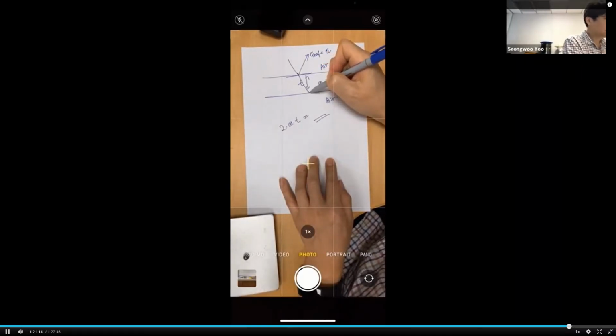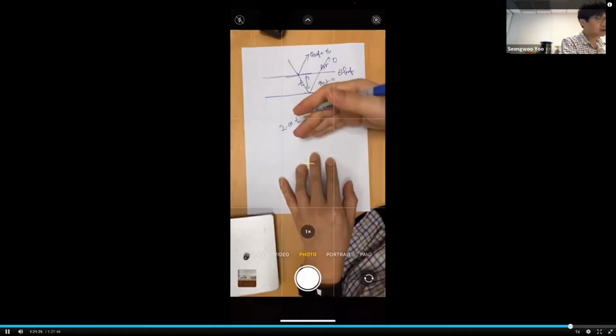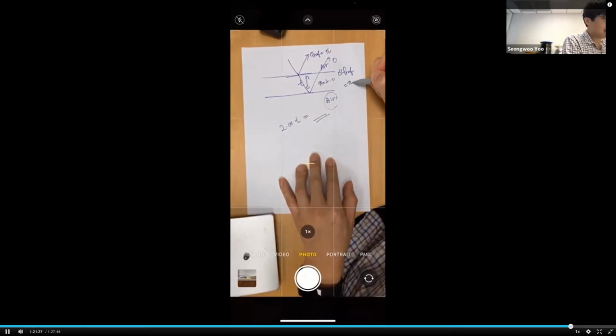The second reflection is done by the air, therefore there is no phase shift. Therefore, the phase change by the two reflections is pi minus 0. So this is pi, which corresponds to half a wavelength.